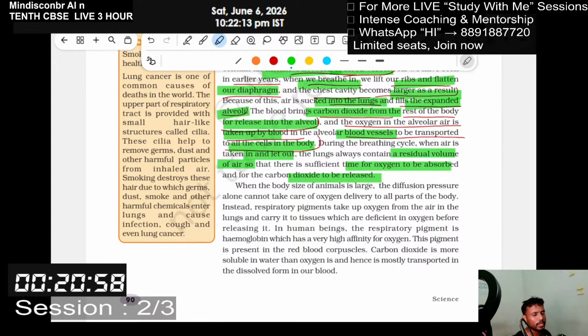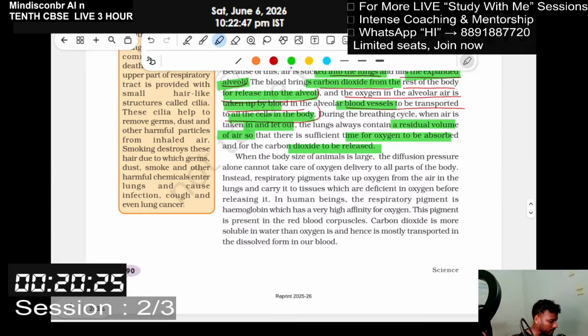That is called residual air or residual volume of air. That will stay there because it provides sufficient time for the next oxygen to be absorbed and for the coming carbon dioxide to be released. To provide that little gap for the next cycle to restart, that's why a residual volume of air always stays in the lungs.